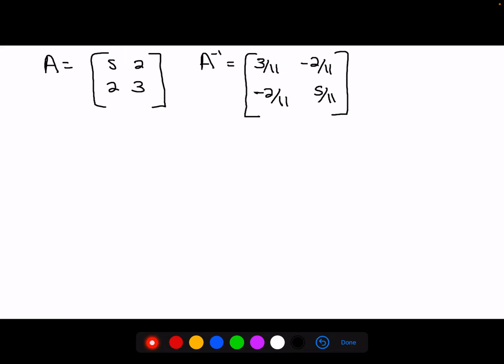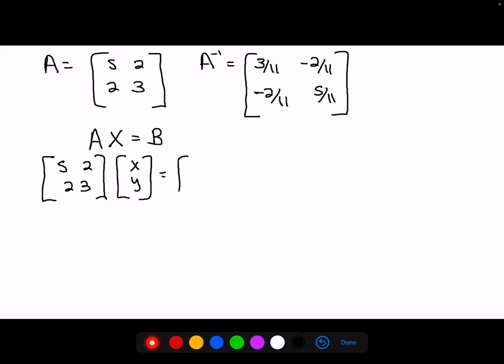Lovely, right? Okay, so when we had AX = B, we had 5, 2, 2, 3. This is actually still carried over from the previous example if you didn't realize.